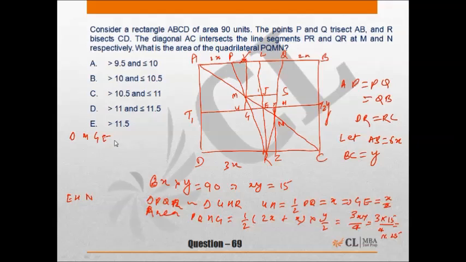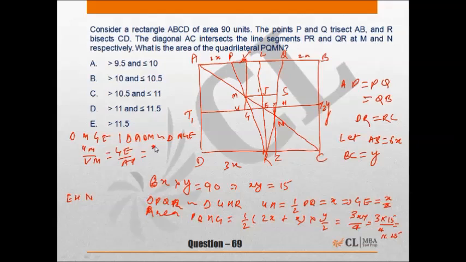It can be observed that triangle APM is similar to triangle MGE, and from here we get UM upon VM equals GE upon AP.